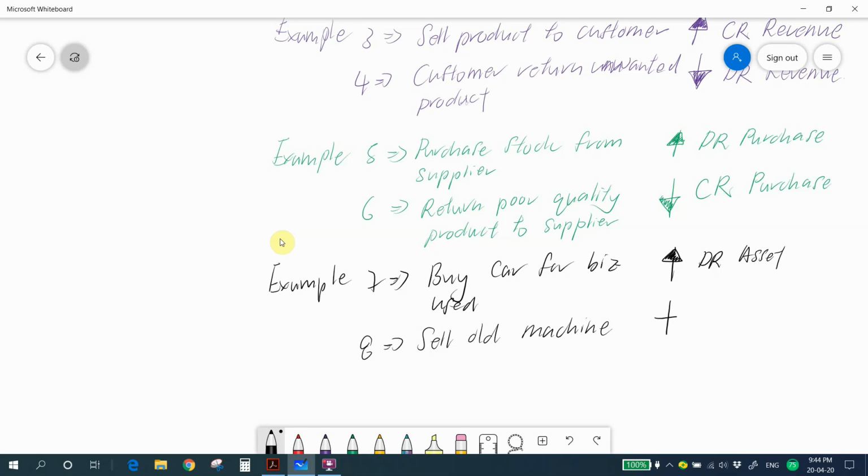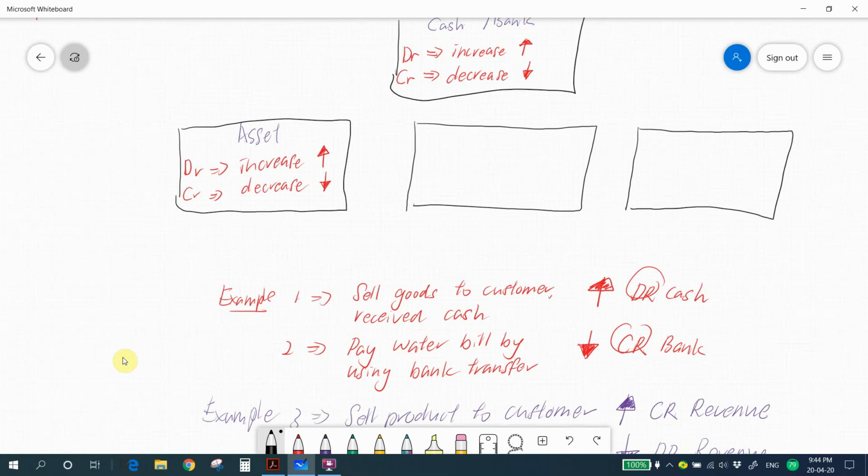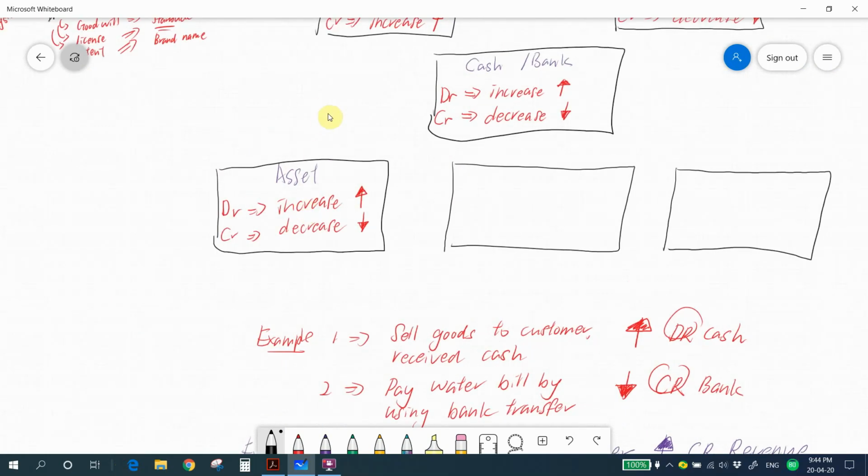The answer is your company asset will become lower. So we have credit the asset account. I repeat, when your company asset increase, you debit the asset account. When your company asset decrease, you make a credit entry in your asset account to show the decrease.